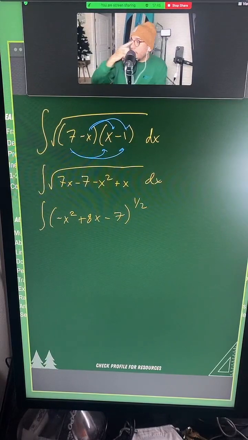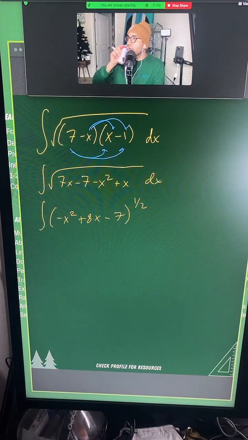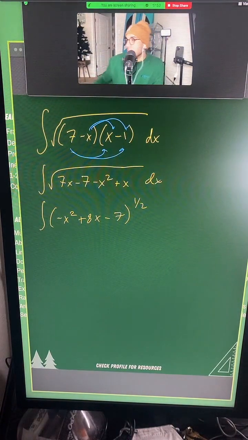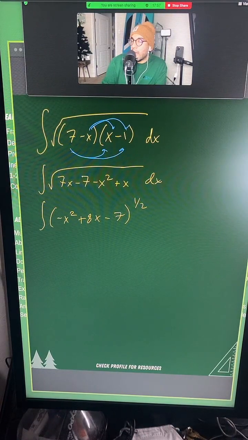Okay. Any other suggestions? Anything that people think we can do? So we wrote it as a radical. Doesn't really help us here, at least so far.